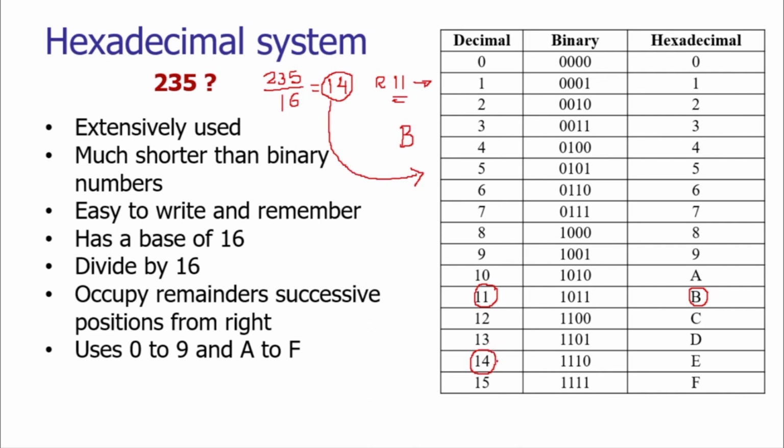So here for 14, it is showing the representation as letter E. So I'm using this, and I will write here the letter E. So I got the next letter as E.